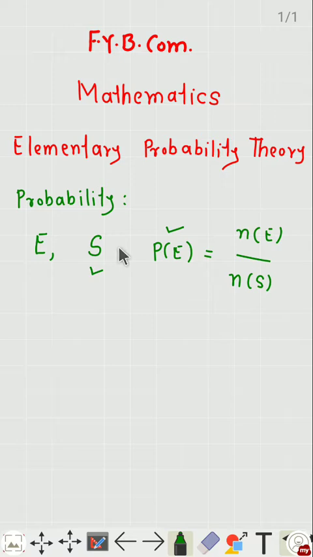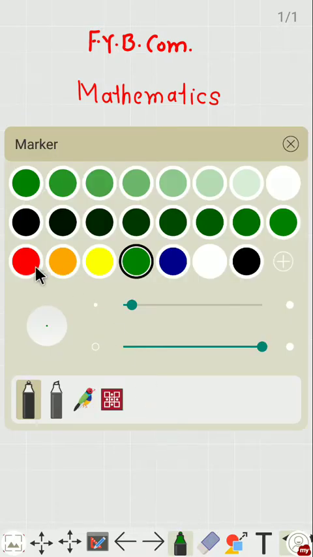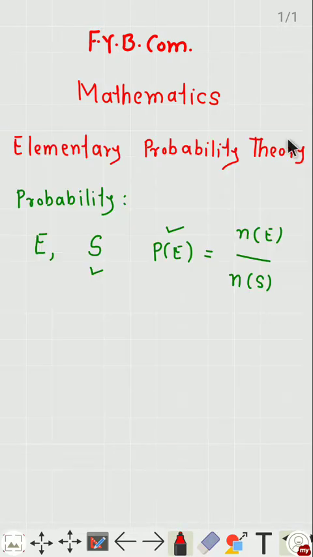So based on this, we have to solve. Today we solve some problems. So let us take the first question. Question number 1. 3 coins are tossed.